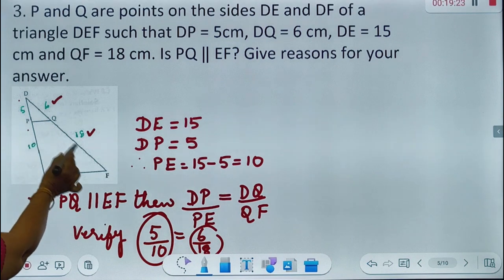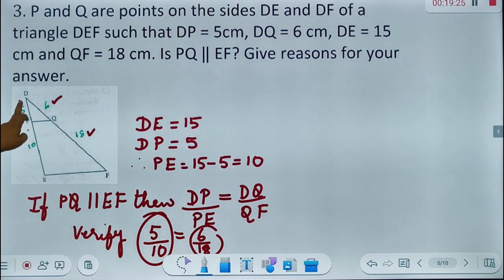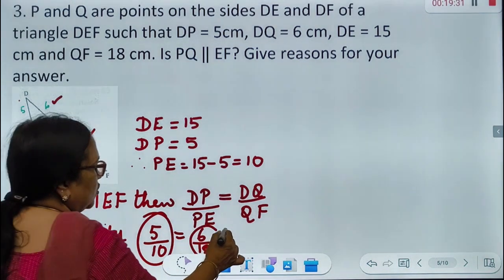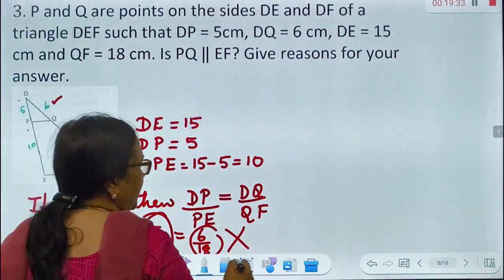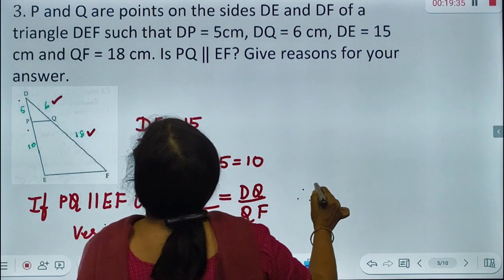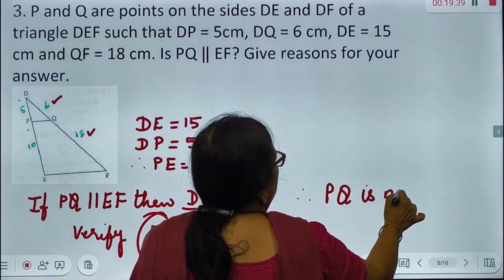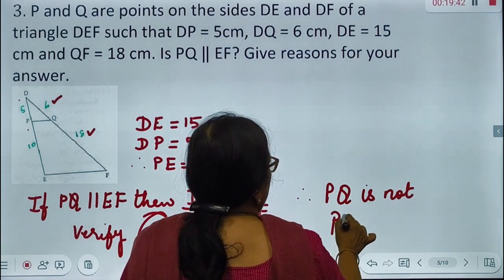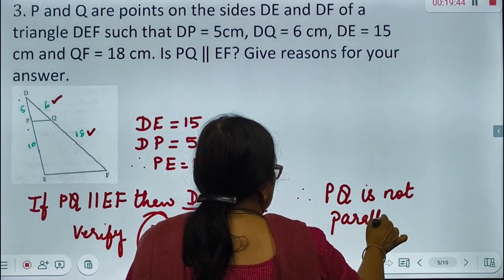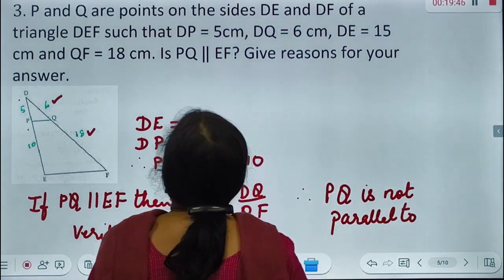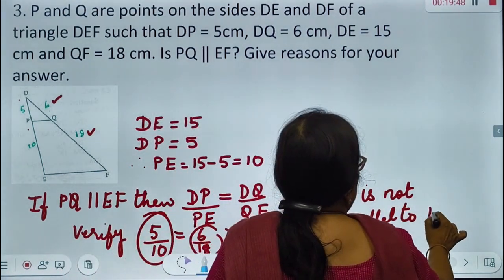You are given QF is 18 and DQ is 6. So 6 by 18, whereas this is 5 by 10. Not true. Right? Therefore, PQ is not parallel to EF, by the converse of BPT.